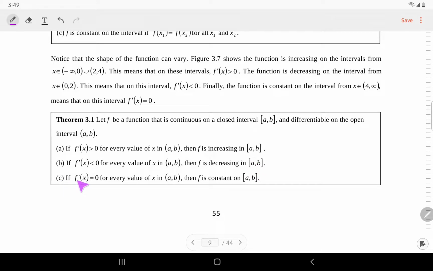And the third one is, if f prime x equals 0, the function is not increasing and not decreasing, so it is constant.